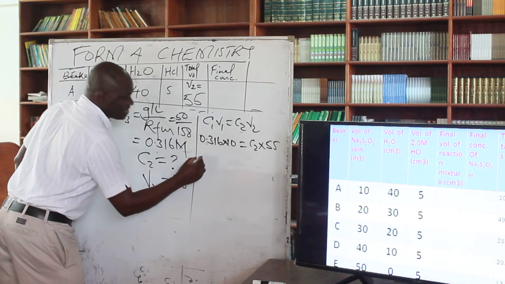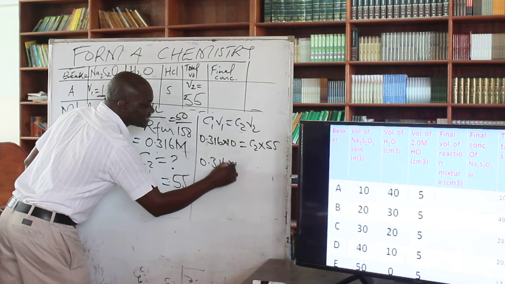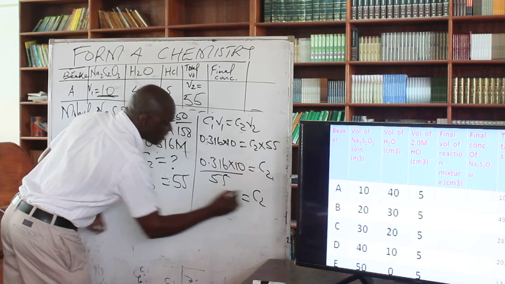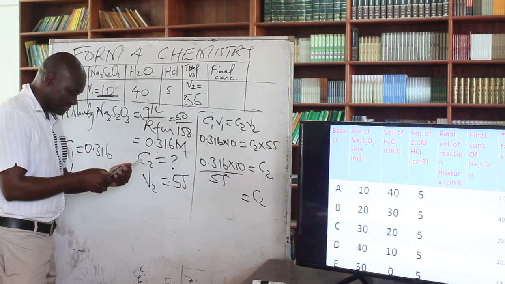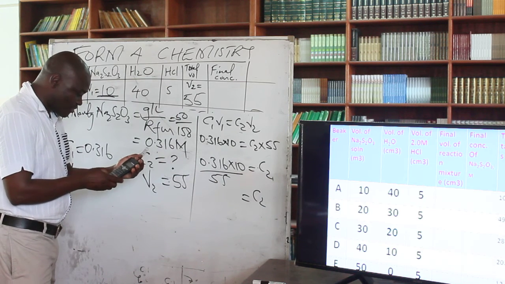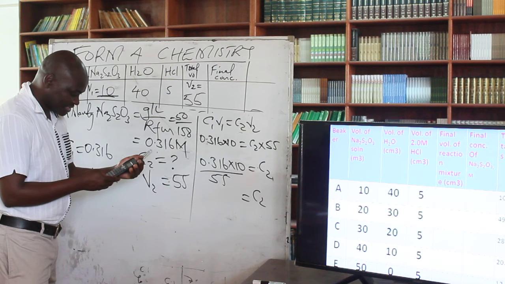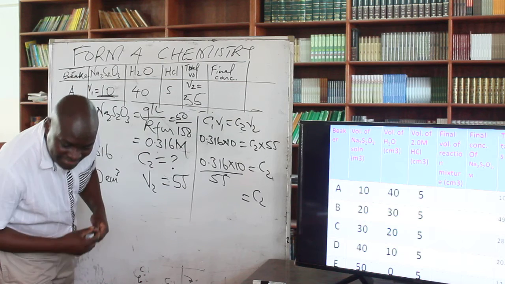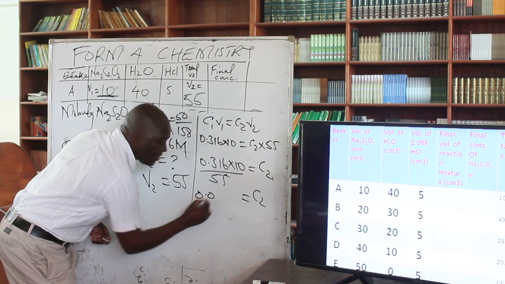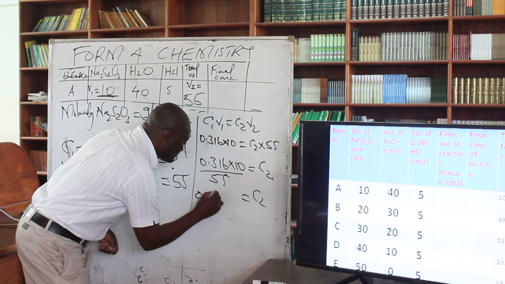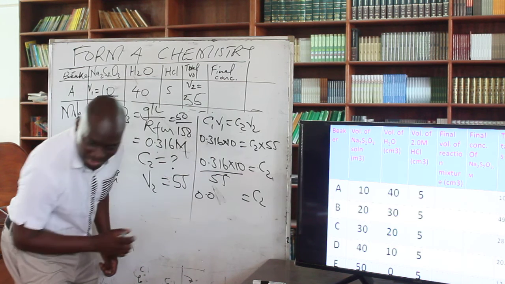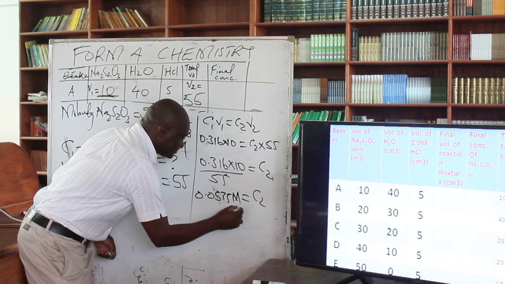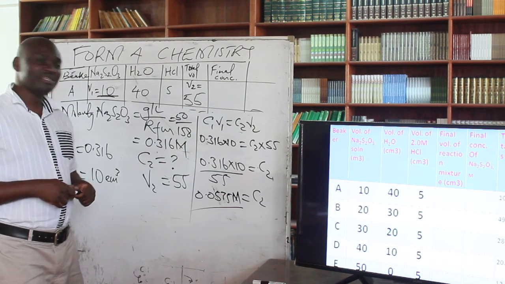So C2 will be 0.316 times 10 divided by 55, which is 0.0575 molar. Yes, let us meet in the second segment.